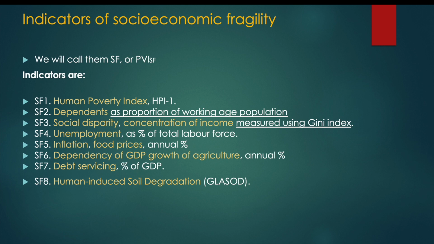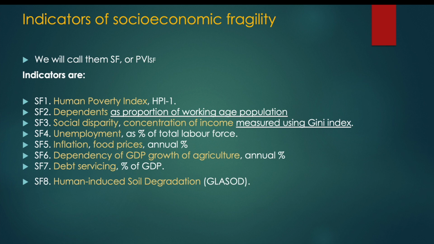In terms of indicators of socioeconomic fragility or SF, the PVISF can be represented by indicators such as poverty, human insecurity, dependency, illiteracy, social disparities, unemployment, inflation, debt, and environmental degradation. The indicators are listed here. Here SF means socioeconomic fragility.